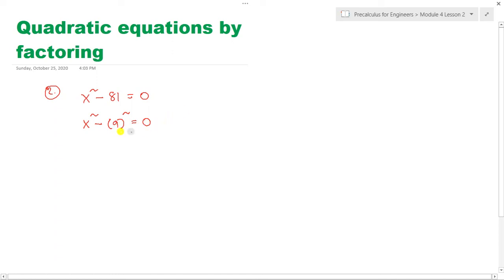This quadratic expression is of the form x squared minus y squared, whose factors are x plus y and x minus y. So remember the difference of two squares. We can express this as x plus 9 and x minus 9, which is equal to 0.